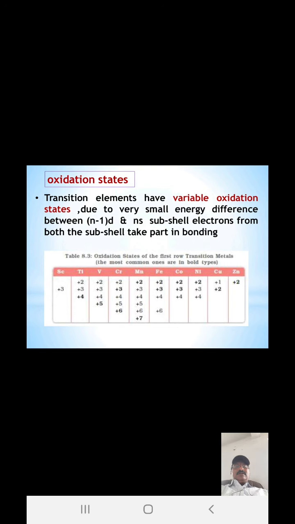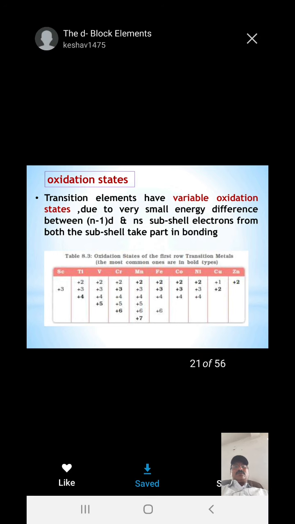First of all you fill one electron in each orbital, after that you pair. Then only 2 unpaired electrons are there. So using these 2 unpaired electrons, and at the same time 2 electrons from the 4s orbital, it contains 4 electrons in total for bonding purposes. So it shows +2, +3, +4.